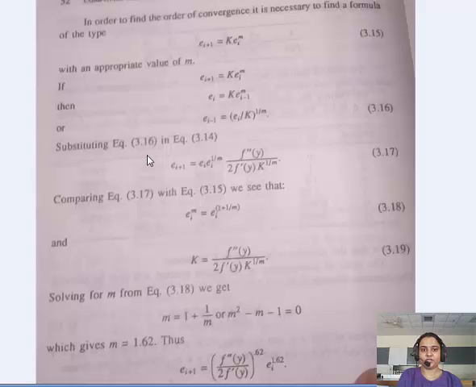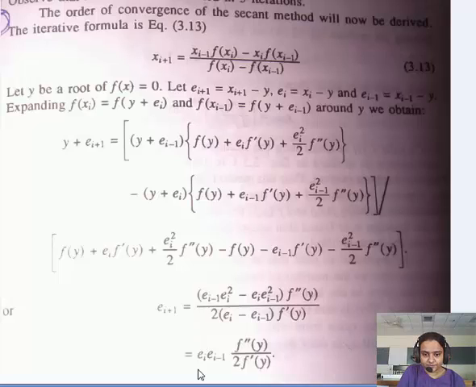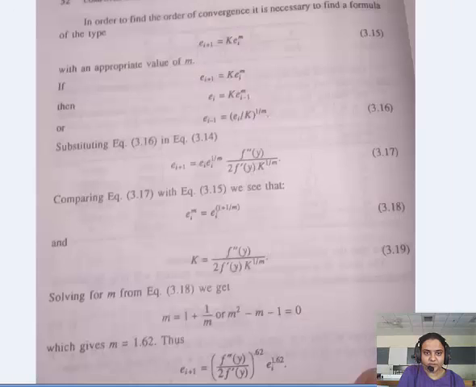After substituting equation 3.16 in equation 3.14, we have put this value of e_{i-1} in the equation. At the place of e_{i-1}, we have placed this expression.